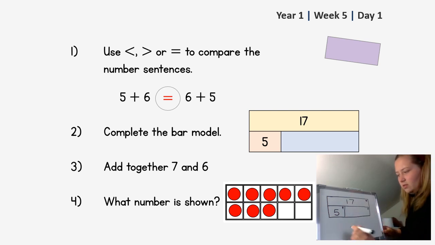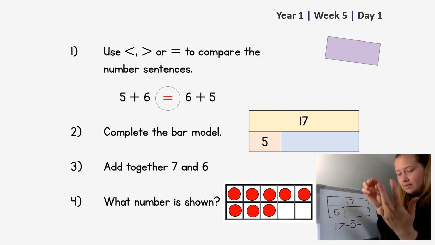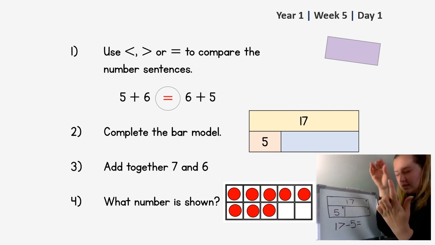So I need to do 17 take away or subtract 5. Now, I'm going to put 17 in my head and count back 5. So I've got my 5 here. 16, 15, 14, 13, 12.